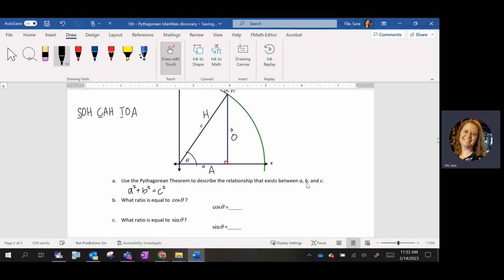But in terms of A, B, and C, little a, little b, little c, what's the cosine of theta ratio? Yeah, because it is adjacent over hypotenuse. So that is A over C. Okay, what about sine? Yeah, it's opposite over hypotenuse. So that's B over C.